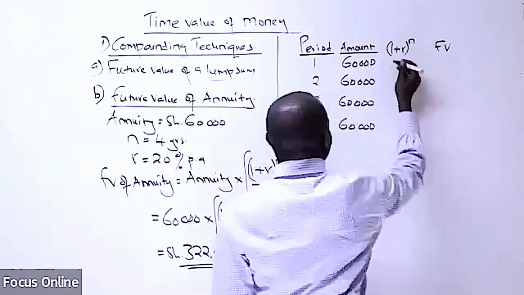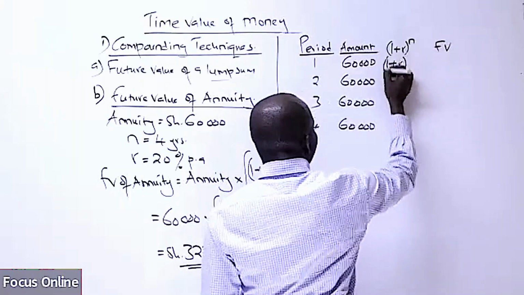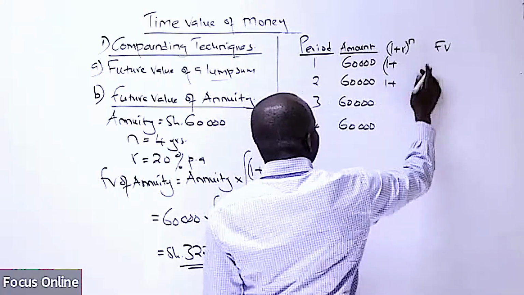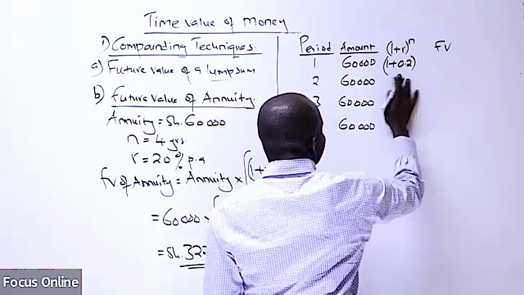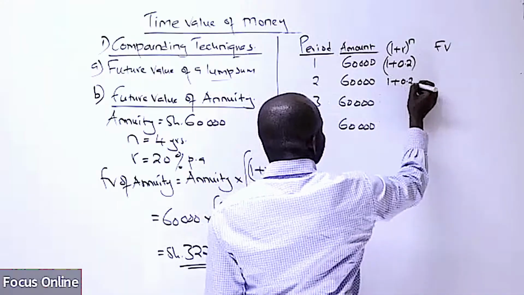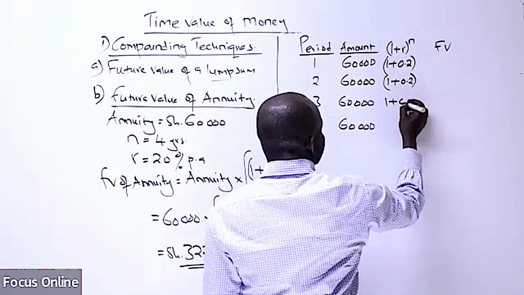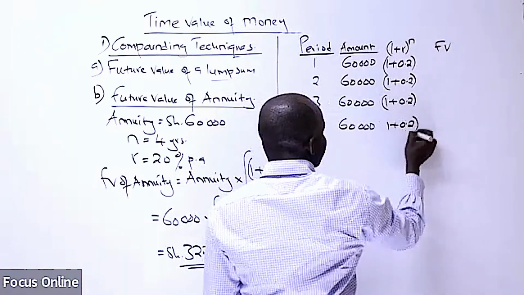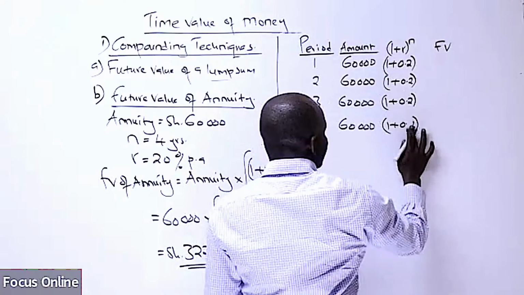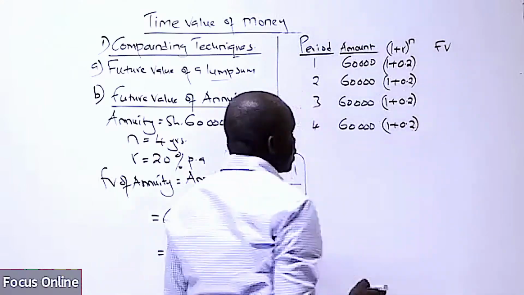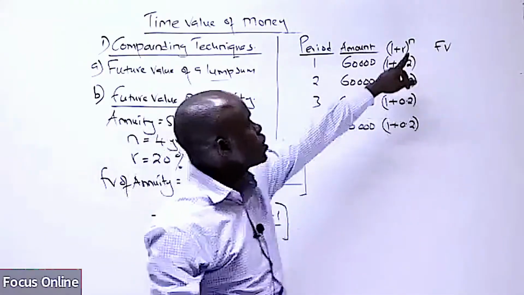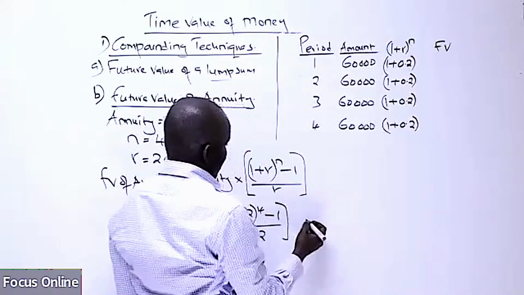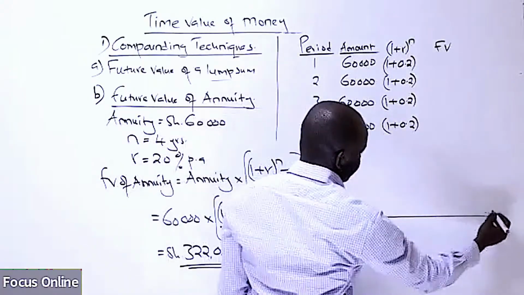So here we will have 1 plus R, which is 1 plus 0.2. So before that, we know we've not put n. That is what I want to illustrate here.